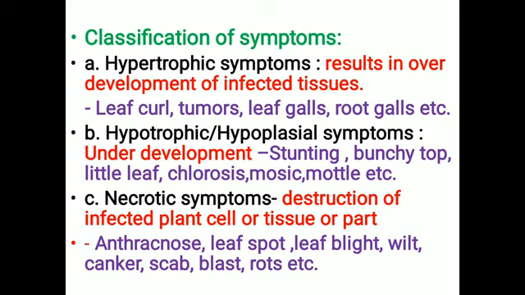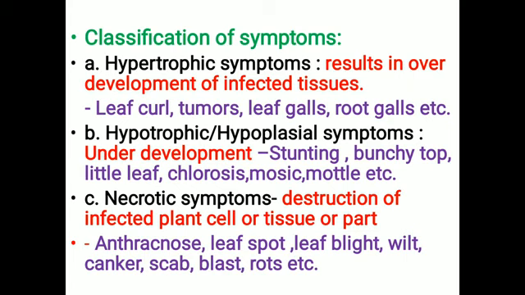For example, stunting, bunchy top, little leaf, chlorosis, mosaic, mottle, etc. These are examples of hypoplasial symptoms. Next one, necrotic symptoms. Necrosis means what? There is a sudden destruction of the infected tissue due to attack of pathogen, and due to that the plant shows a burning appearance, just as if the plant parts are burnt.